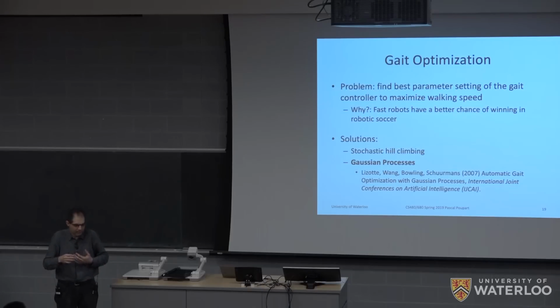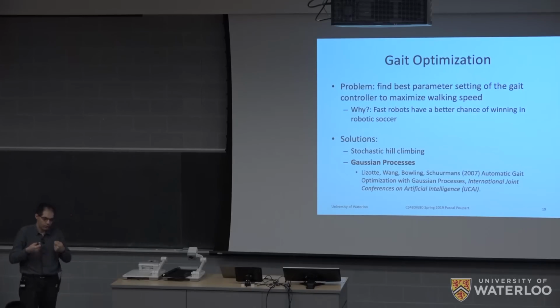Controlling these things is not obvious. So here you really have to develop some careful optimization to set the parameters in a good way if you want to obtain even just something that corresponds to a walk, and then ultimately a fast walk.